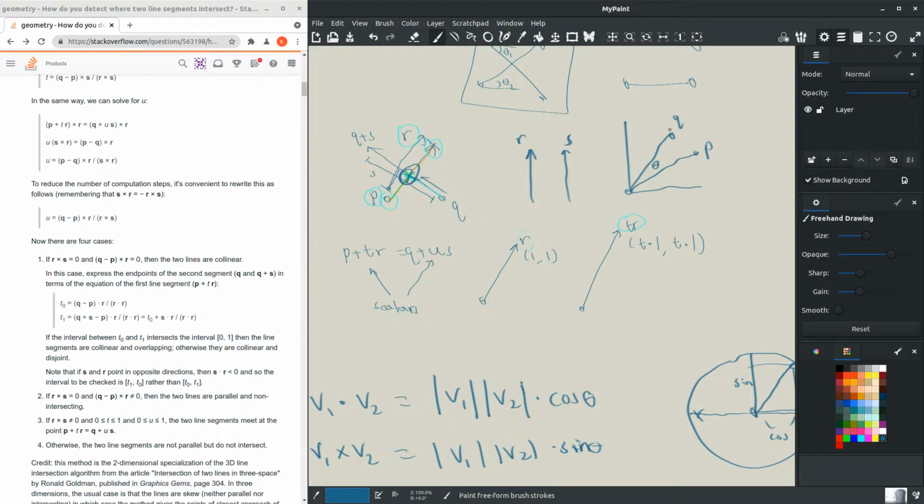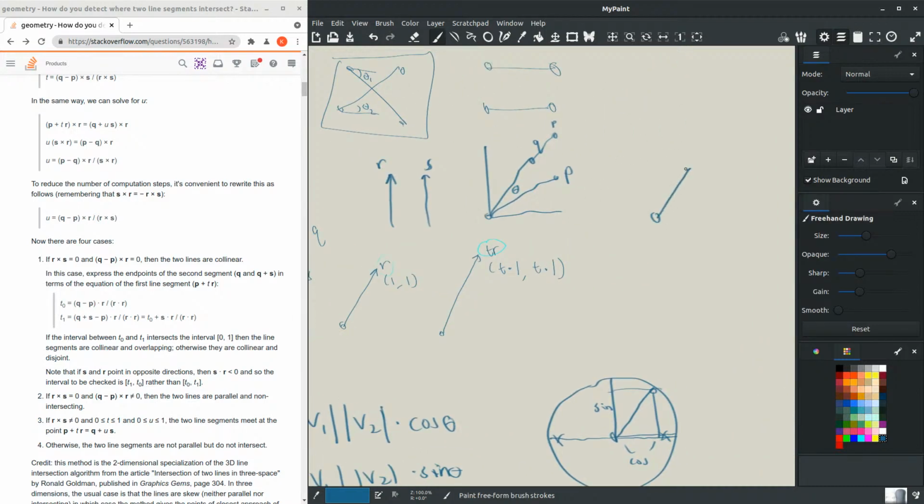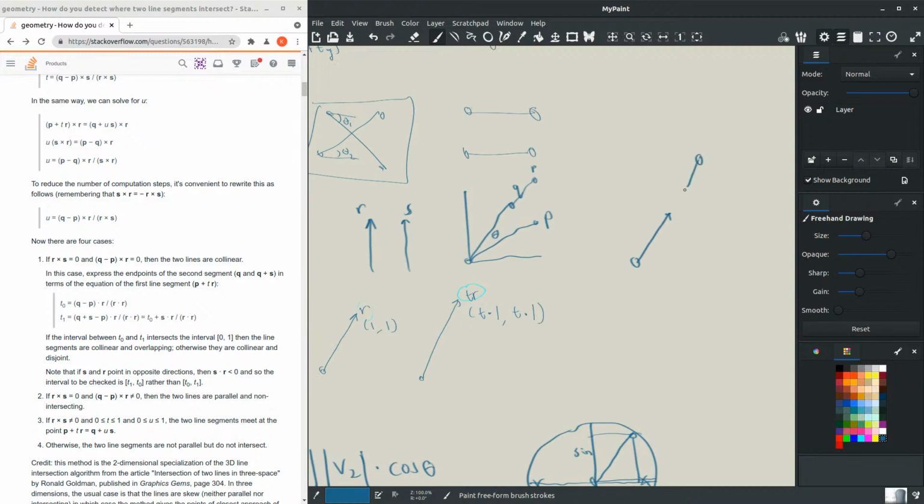So if that's 0, we're in a situation where it's kind of like that, right? So if all these are collinear, then we have something where it might look something like this, where they all line up as a line. And therefore, we can define that as either infinite intersections or no intersection, or whatever else you want to call it.